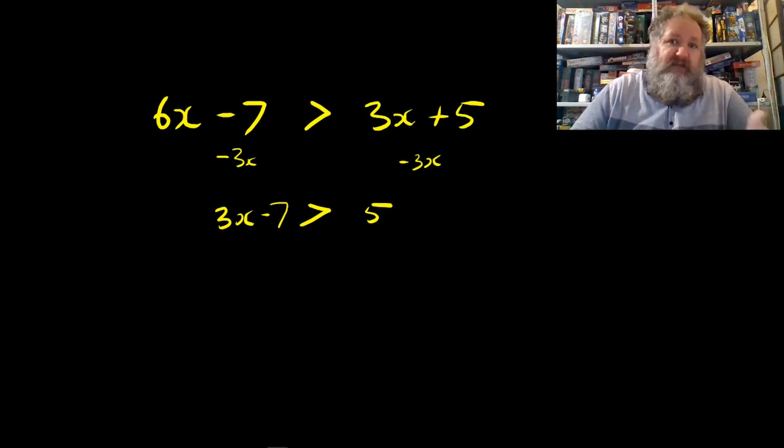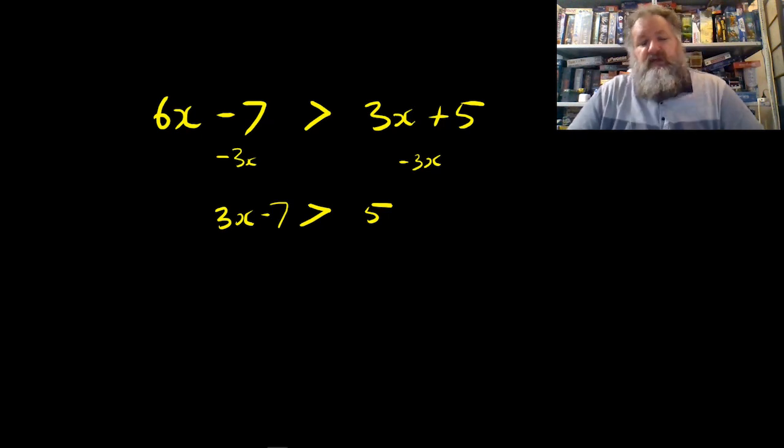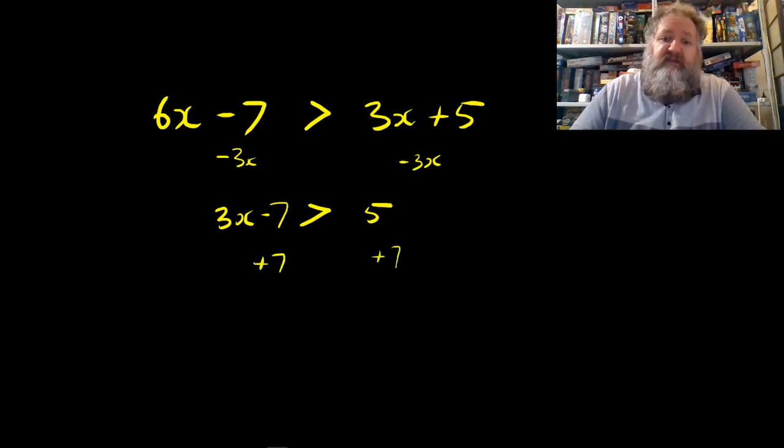Now I ask myself that question I ask all the time: is my unknown by itself? No. What's happening to it? It's being multiplied by 3, and then I'm taking away 7. So to get rid of that take away 7, working backwards, we have to add 7 to both sides. Very good. And we get 3x is greater than 12.